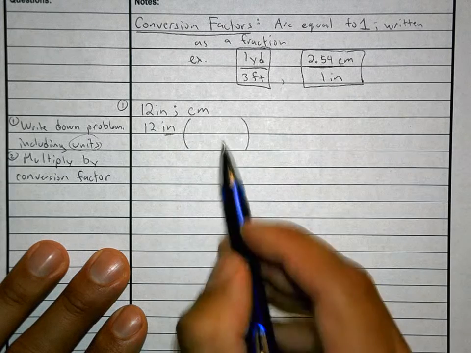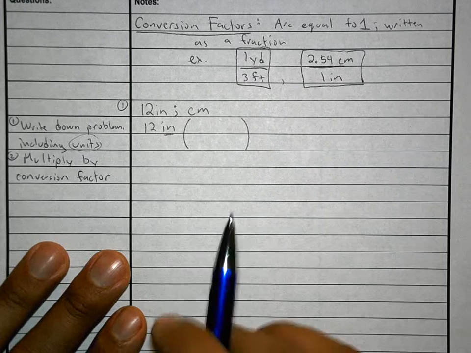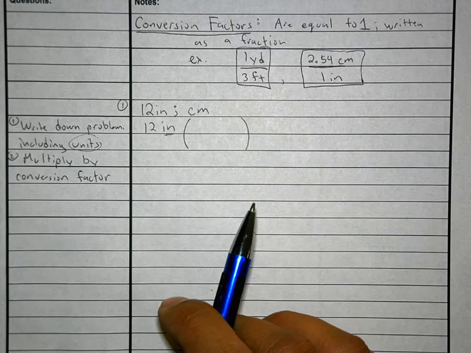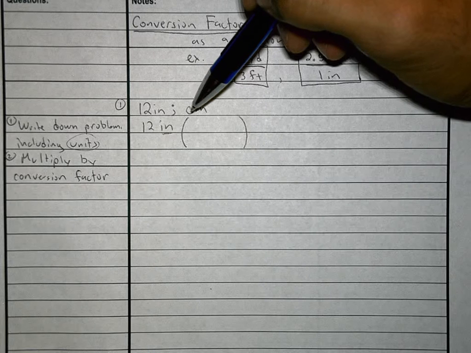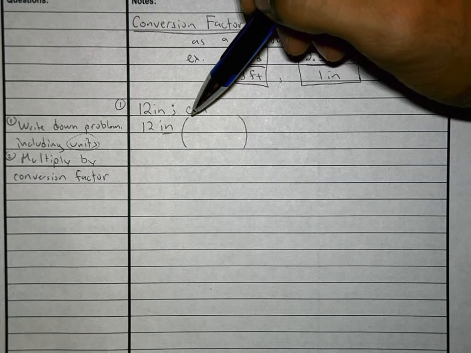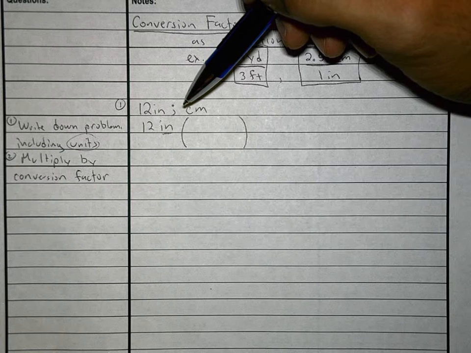I have a very big parenthesis here because I'm going to have some numbers in it and I'm going to have units in it. We have inches and we want to go to centimeters, so we're going to have to use a conversion factor that has inches and centimeters in it.